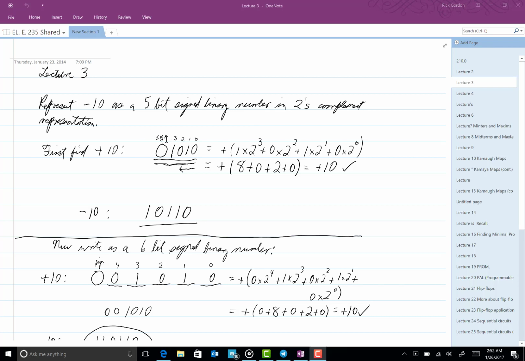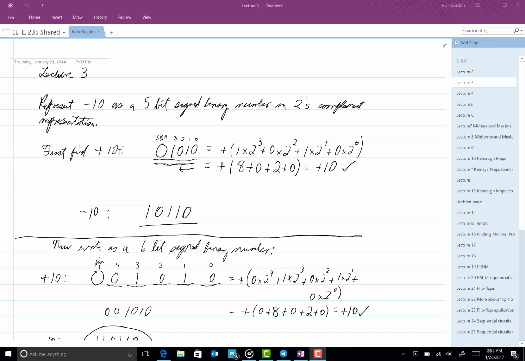So you can see here I've written sign, and we are showing that the signed bit is 0. And then we will have 4 other bits, and of course the rightmost bit will be the 0 position, and then the one to the left of that will be the 1 position, the one to the left of that will be the 2 position, and then the final one will be the 3 position.